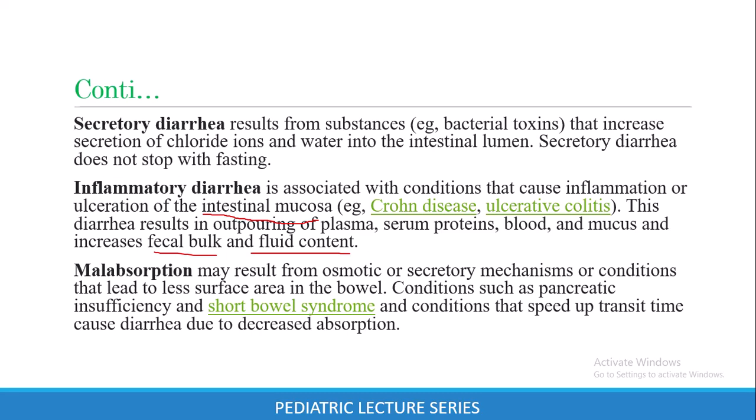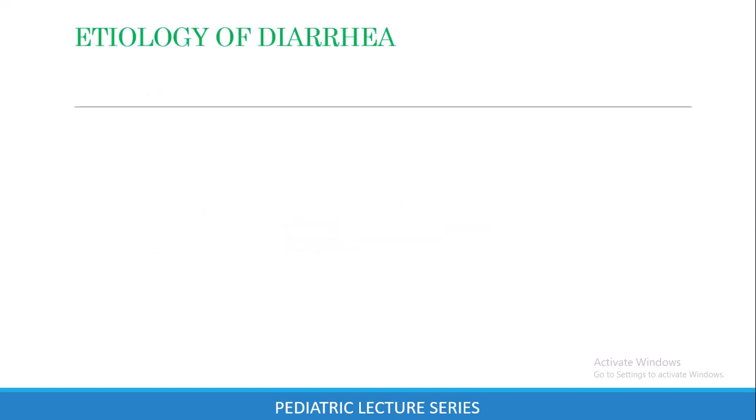And with the decreased absorption, you're going to have accumulation of these contents, and then you have also increased speed of transit of these food particles through the GIT and decreased absorption. So because of increased transit through the GIT, there's bulk and hence increased stool or bowel movements.